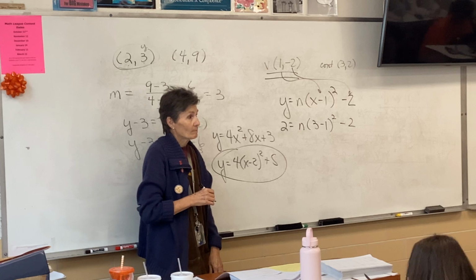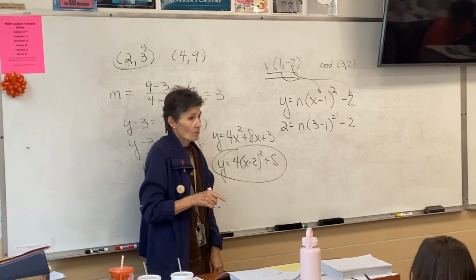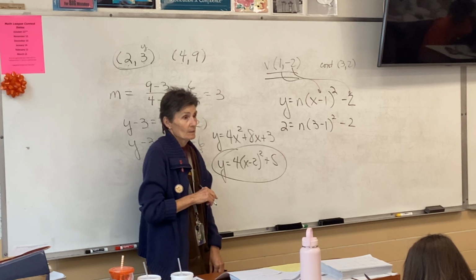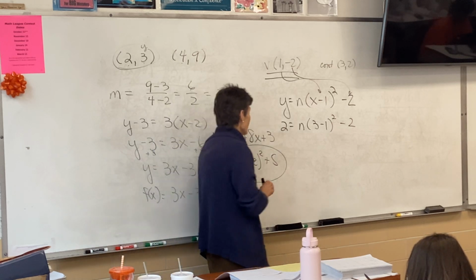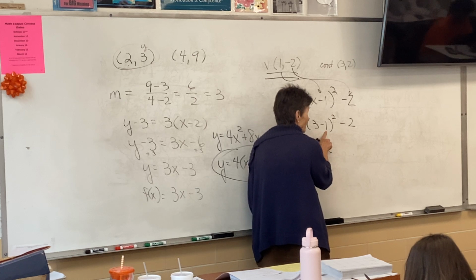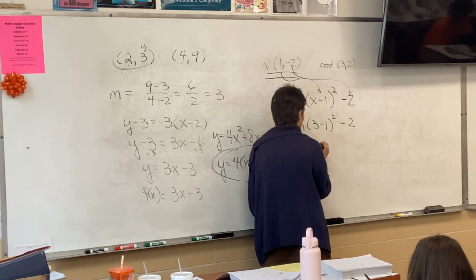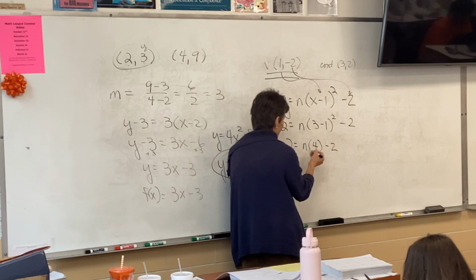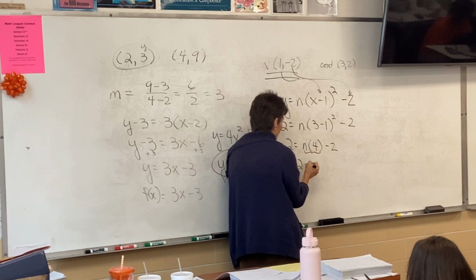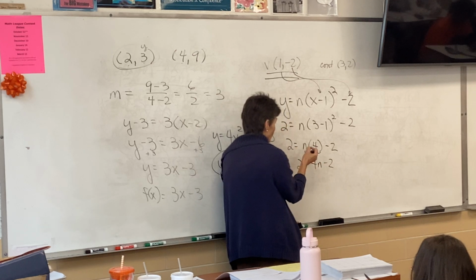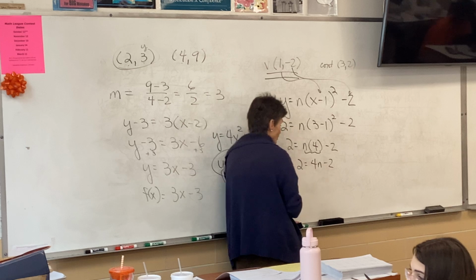Remember doing that? These are on the practice test, guaranteed test questions, you gotta be able to do it. Alright, so 2 equals n times 3 minus 1 squared. Remember, this is multiplied. These go together, so 2 equals 4n minus 2. That's what it says. 2 equals 4n minus 2.